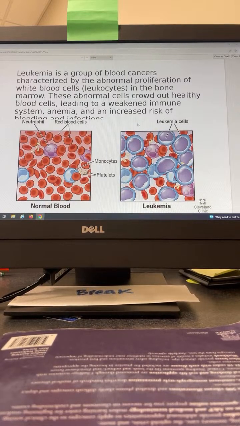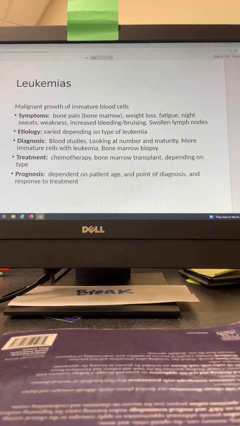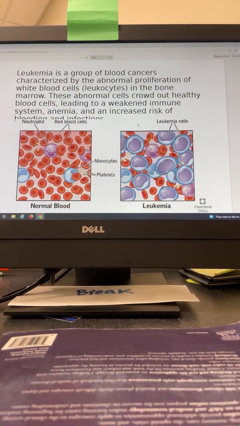This happens in the bone marrow, which is what produces the white blood cells. These immature and cancerous cells start growing like crazy and crowd out the healthy, normal blood cells, which weakens the immune system, causes anemia, and increases bleeding and infections, because they're taking up space from the healthy cells that do those jobs. Symptoms include extreme bone pain, because the bone marrow is where the cancer is happening, weight loss and fatigue, increased bleeding and bruising because these cancerous cells are hogging space where platelets could be.